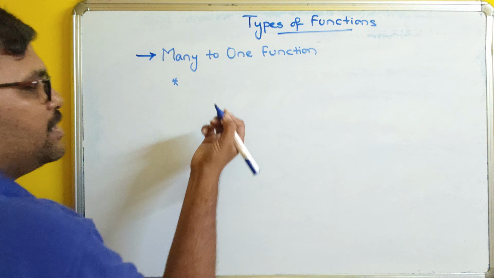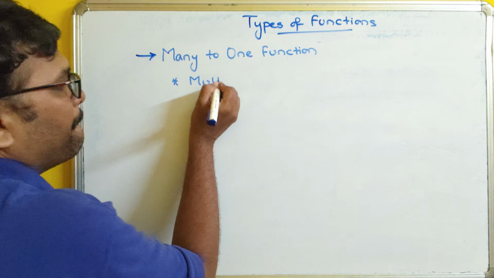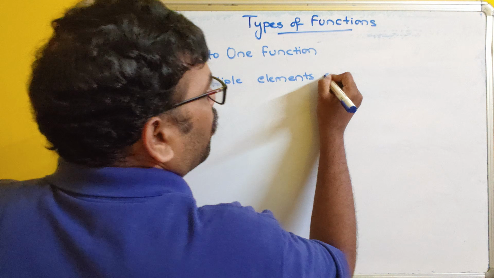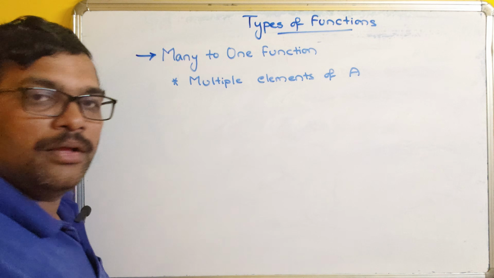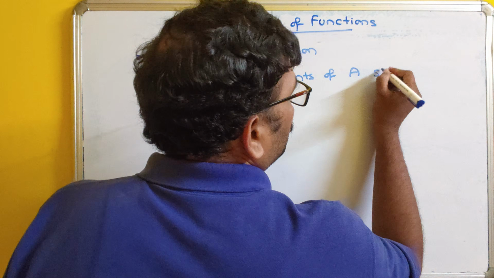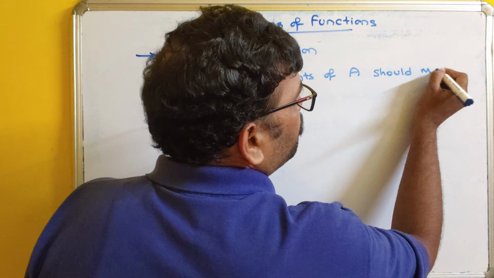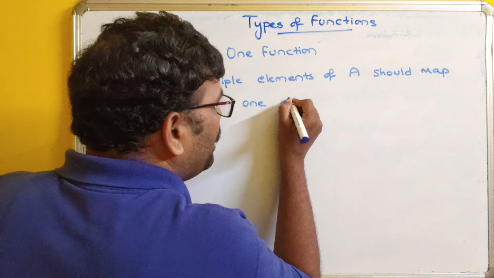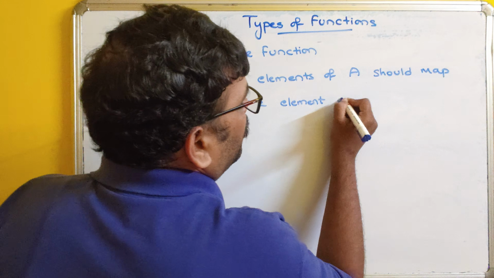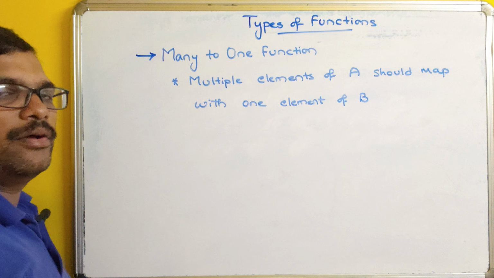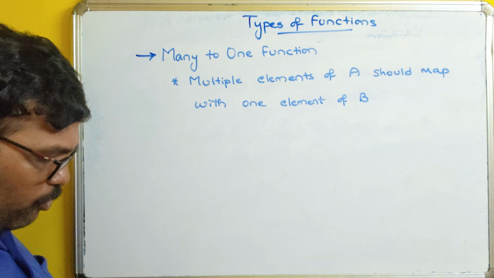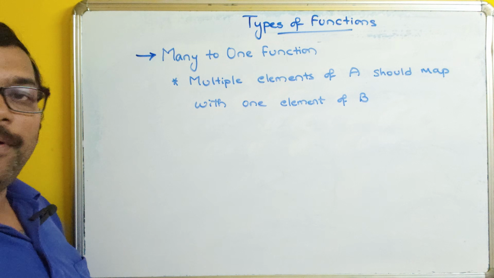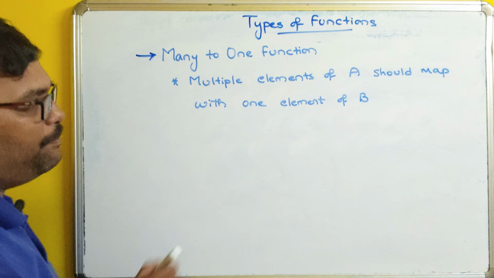So the name itself indicates multiple elements of A should map with one element of B. Then we can say it is a many to one function. The name itself indicates many values of set A are mapped with a single element of set B.